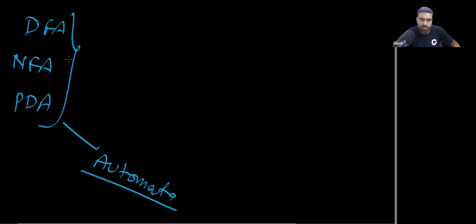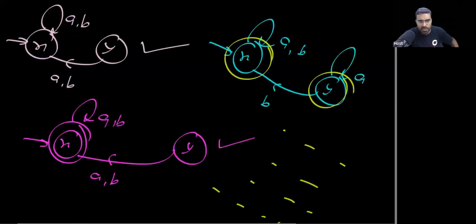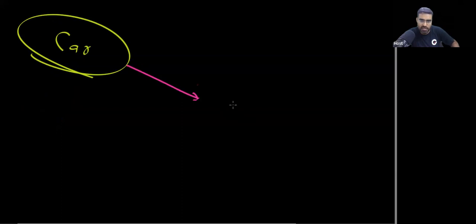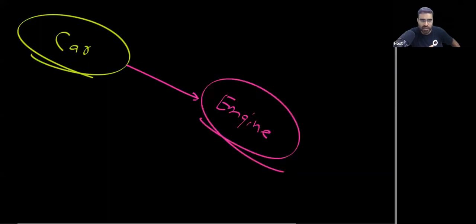But in all of them, what is the most important part? For example, in a car you have steering, tire, chassis, many things. What is the most important? The most important is the engine.